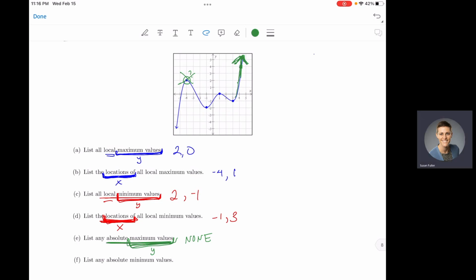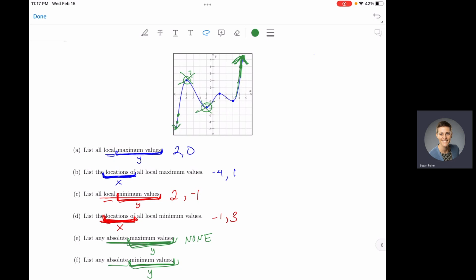All right, part F. List any absolute minimum values. Again, absolute means the one single lowest value that this thing achieves, and we want minimum values, so we're looking for the y values. What is the absolute lowest value that this function hits? Well, this is the lowest of our locals, but that's not our absolute minimum because I've got y values here that are lower than that one, so that can't be my absolute min.